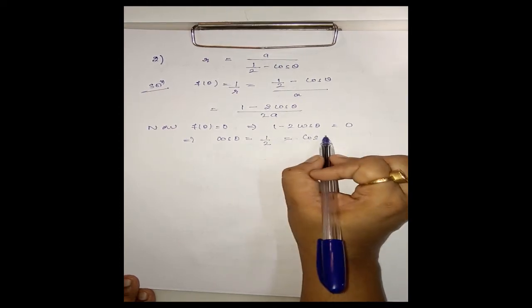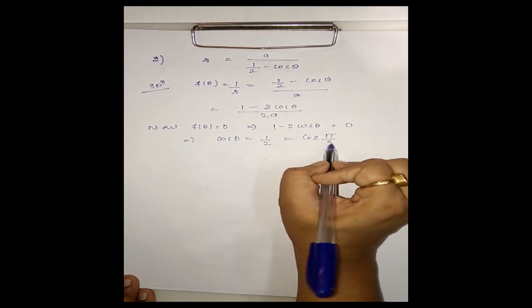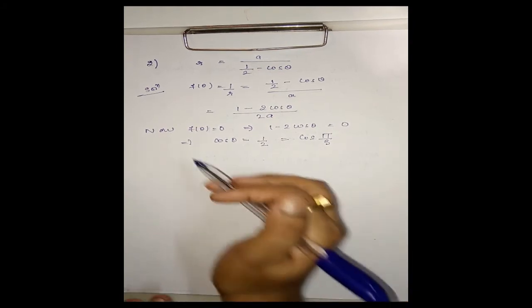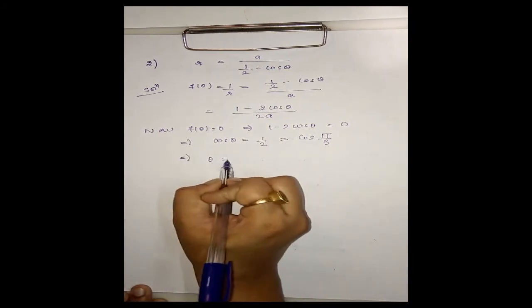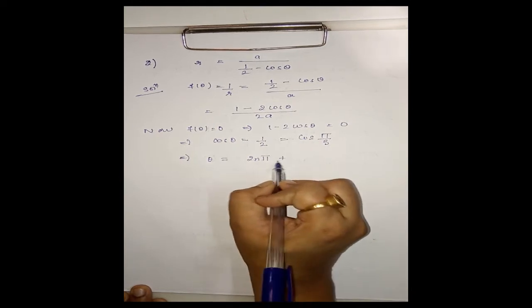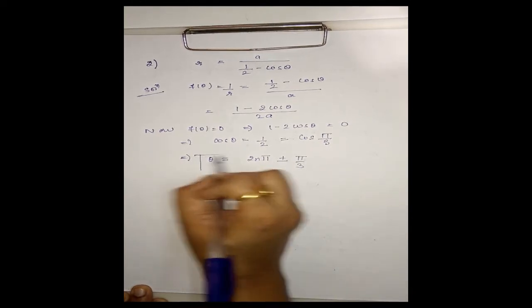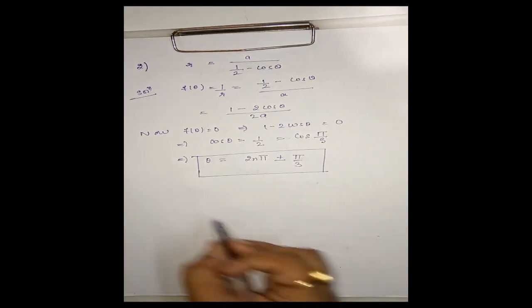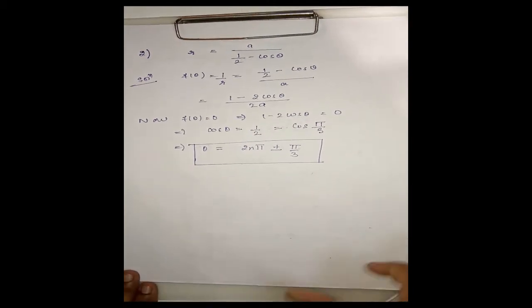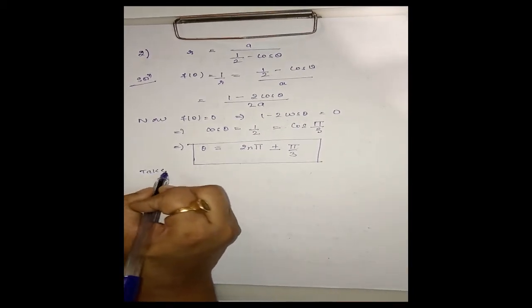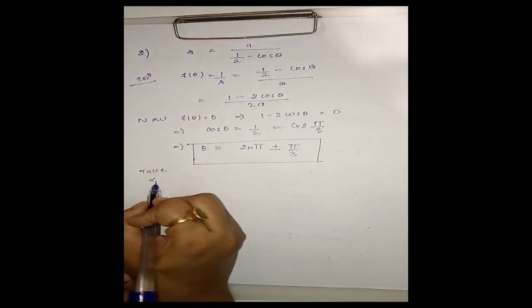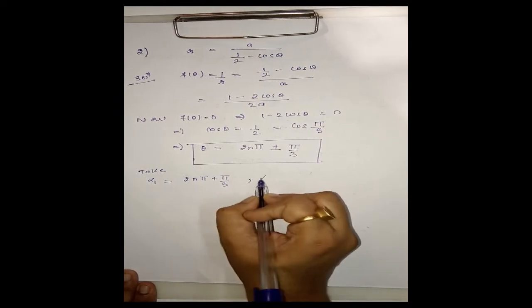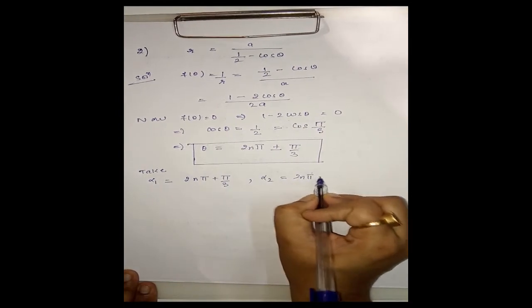Therefore, this is written as cos pi by 3, and using the result of cos theta is equal to cos alpha, I can write theta as 2n pi plus minus pi by 3. That means here we have two roots of f theta is equal to 0. Now take alpha 1 and alpha 2 to be the two roots of f theta is equal to 0. Take alpha 1 to be 2n pi plus pi by 3 and alpha 2 as 2n pi minus pi by 3.